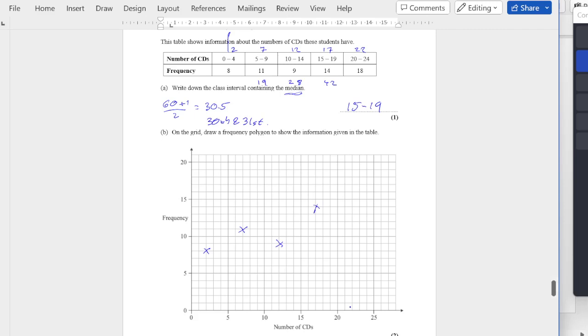And then finally 22 and 18. And then I join these points up with straight lines. And there we go, that's my frequency polygon.